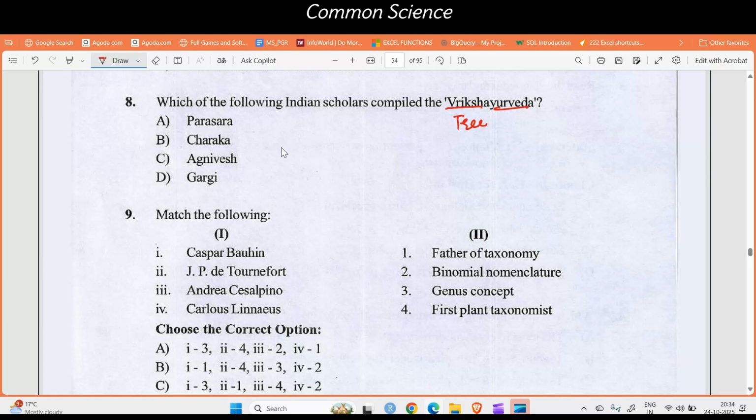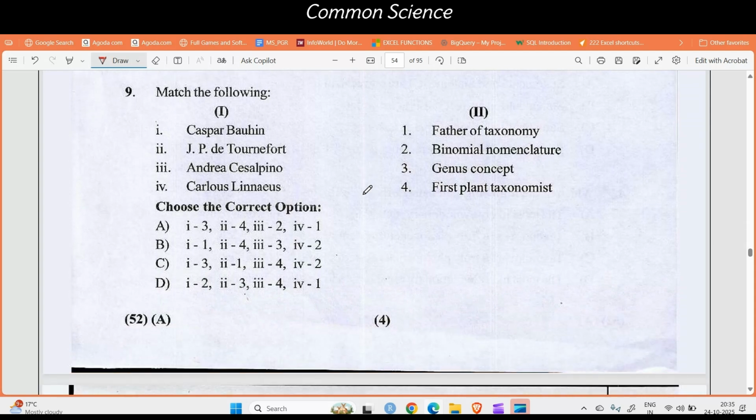One is the fourth century version, which was written by Parashara, and there is the 10th century version, which was written by Surapala.